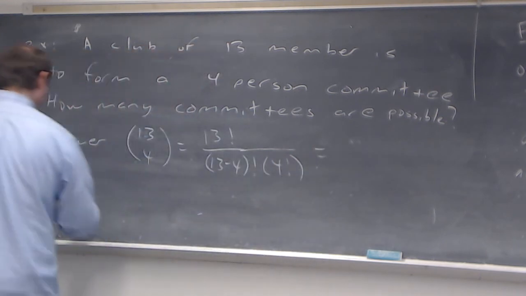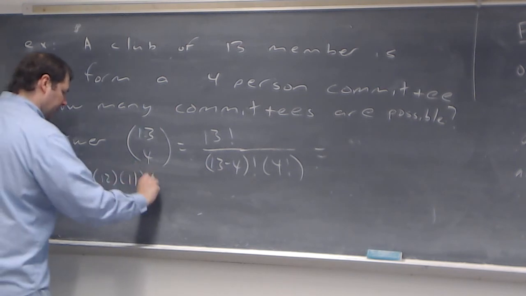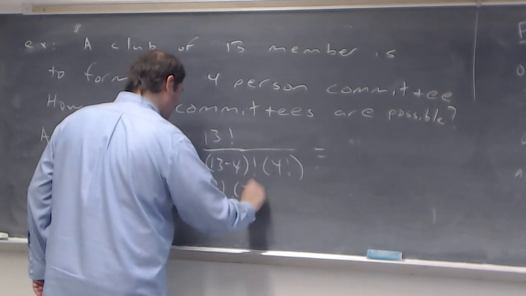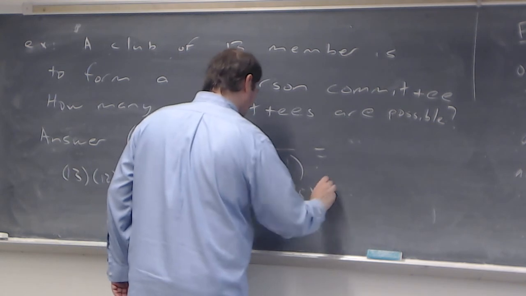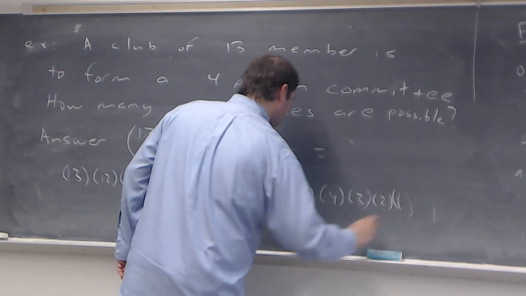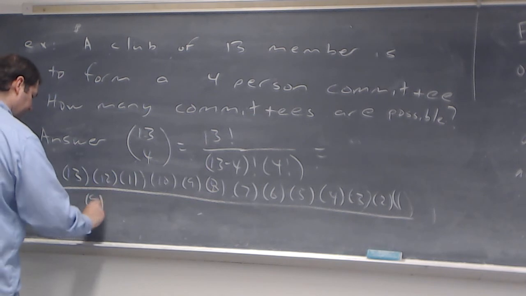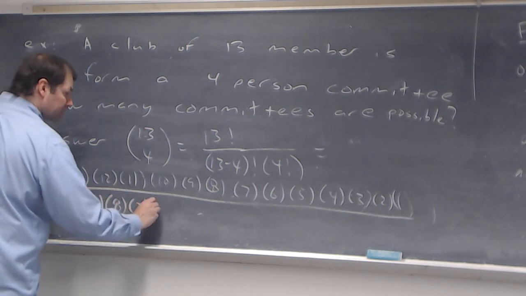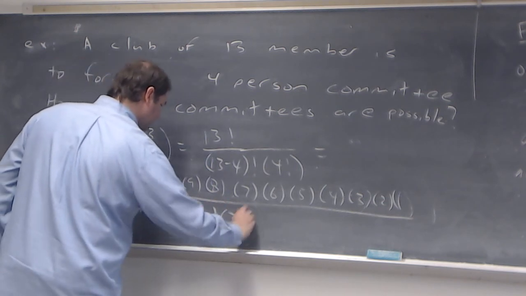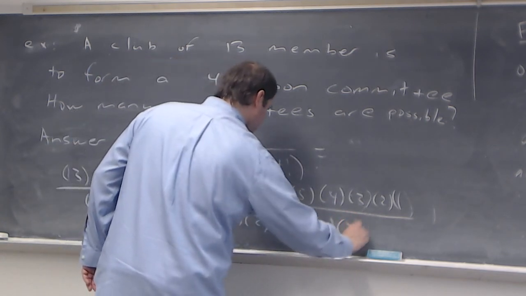And that's equal to 13 times 12 times 11, bear with me, times 10 times 9 times 8 times 7 times 6 times 5 times 4 times 3 times 2 times 1 over, here this will be 9 factorial, so it'll be 9 times 8 times 7 times 6 times 5 times 4 times 3 times 2 times 1, times 4 factorial, which is 4, 3, 2, 1.